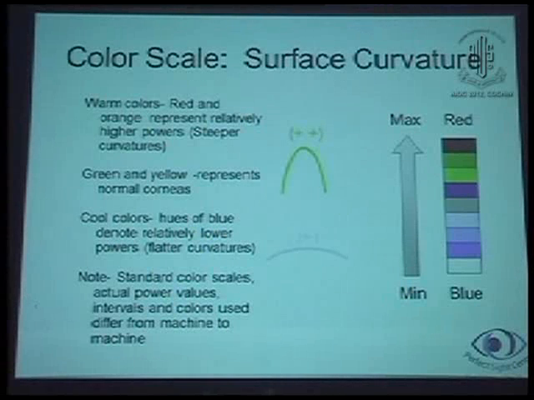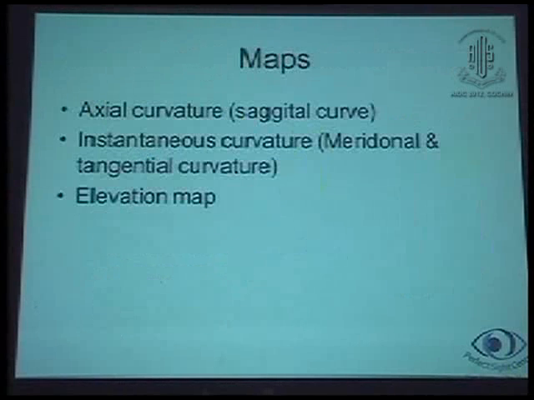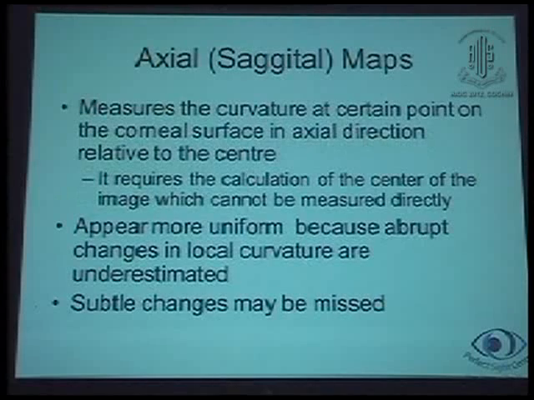So in Placido-based, the warmer the color, more towards the red spectrum, the steeper the cornea, and the cooler the color, the flatter the cornea. That's how it depicts. The maps can be axial curvature or instantaneous, which is also known as tangential or meridional, or elevation map. So very briefly speaking, what I'll try to highlight is axial maps appear more uniform because abrupt changes are underestimated.